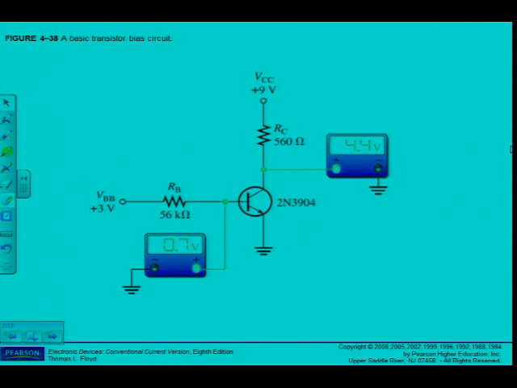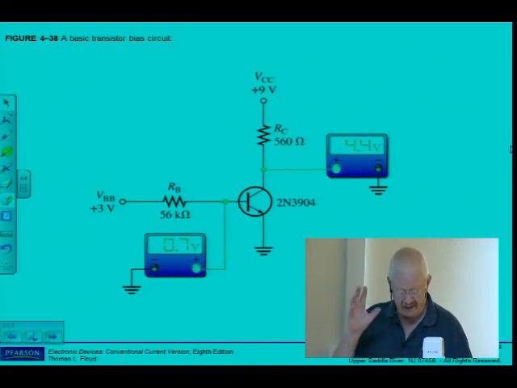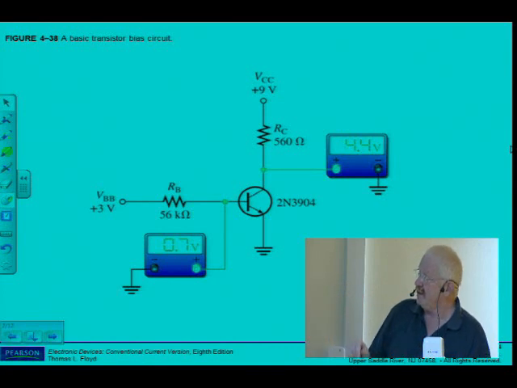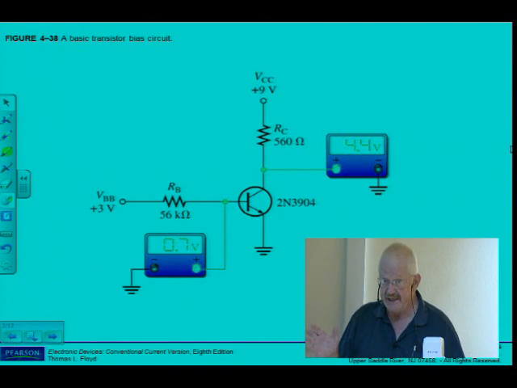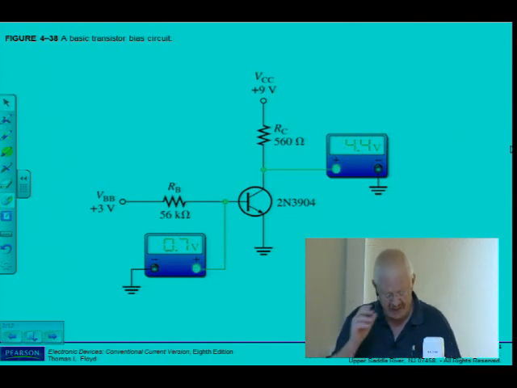Remember when we just had a look at the data sheet? Mostly it gives the minimum values only, but at IC of 10 milliamps, in that specific case, it gave a minimum and a maximum. So for your calculations, analytical analysis or fault finding, to be able to determine values more or less in the vicinity, I have to take the midpoint or the average of the minimum and maximum values.